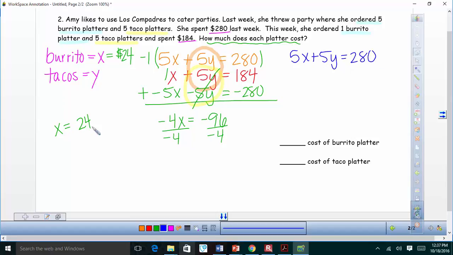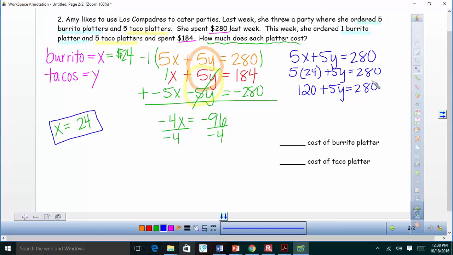And am I putting 24 in for x or y? X. So it would be 5 times 24 plus 5y equals 280. Okay? So I need to multiply 5 times 24. That gives me 120 plus 5y equals 280.